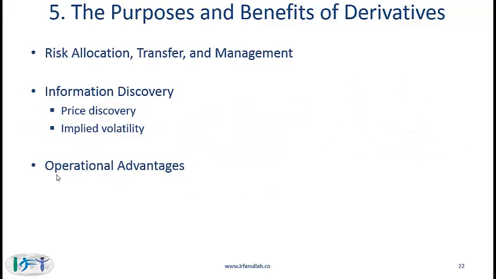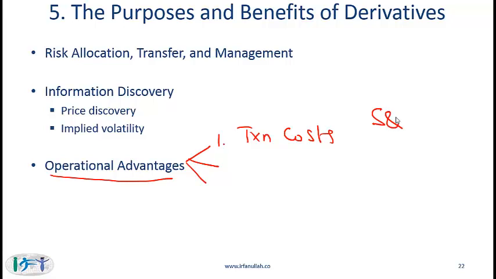Next point has to do with operational advantages. There are three major advantages that you need to be aware of. The first one is that derivatives allow us to reduce transaction costs. And the idea is this. Let's say you want to invest in a fund that is based on the S&P 500. One strategy is to simply go invest in that particular fund where the underlying shares are based on the S&P 500.